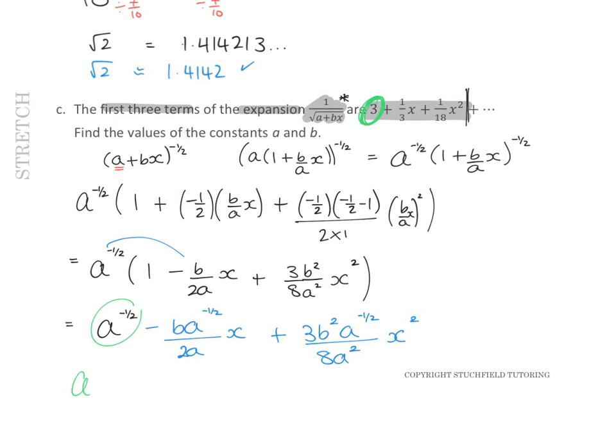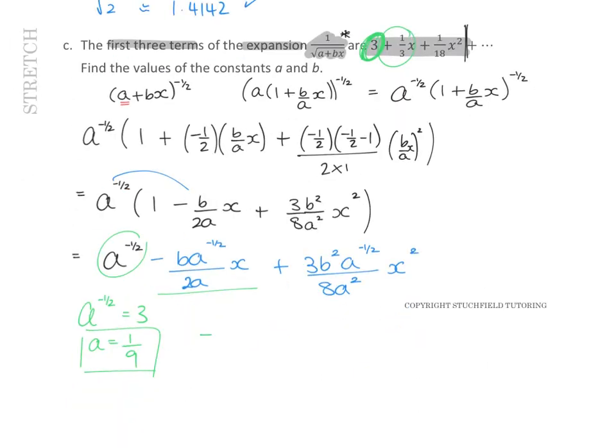So that means a to the minus half equals 3. Now on your calculator you can do a root to the power of n where you can put in minus half. So 3 and you're rooting to the minus half. So a equals 1 over 9. That's your first answer. Now looking at your second term here, we have a third x is equal to this.